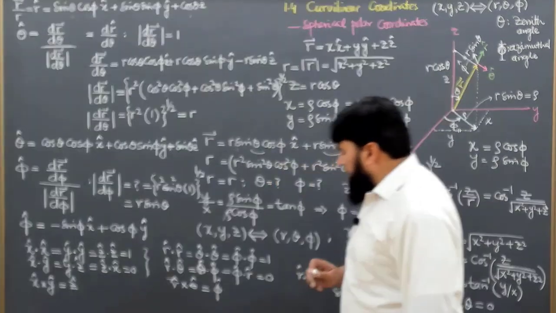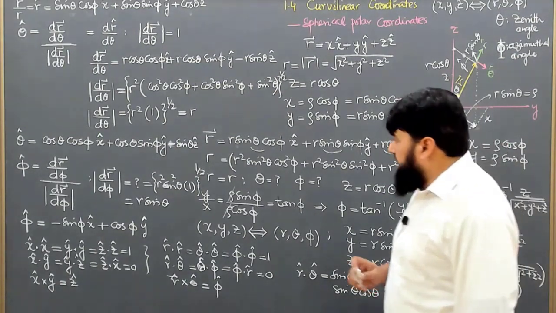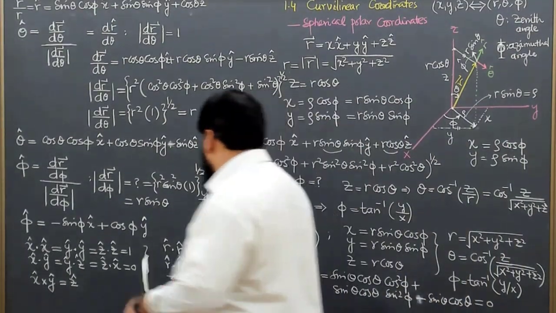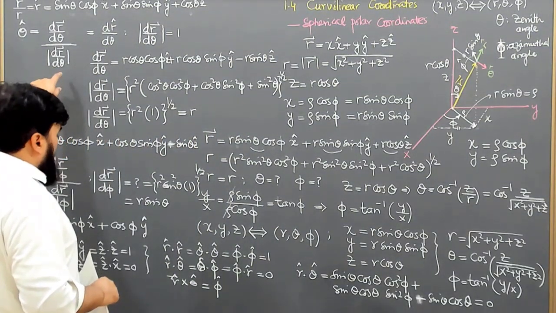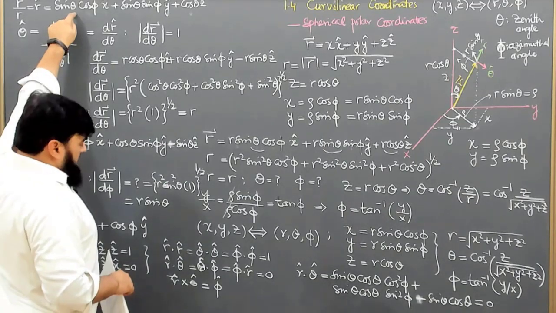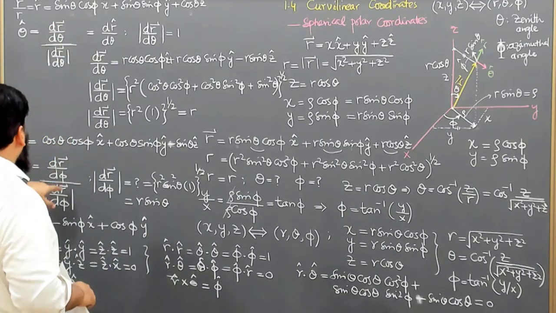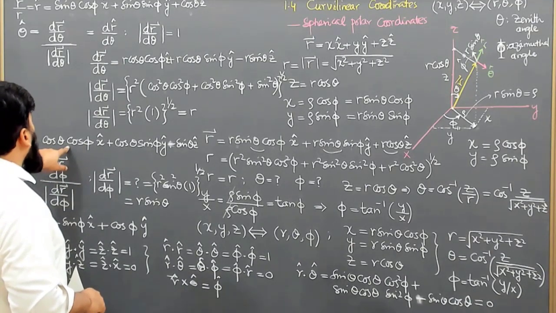Now the cross product we can do as well. Let's say we are doing it for r cross theta. So r cross theta will be the cross product with this one.